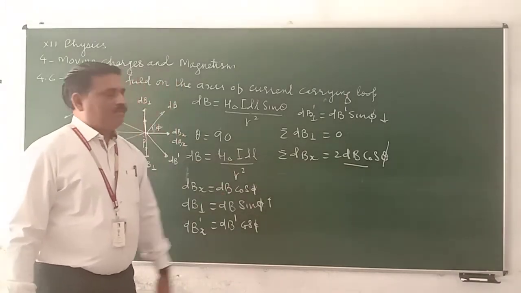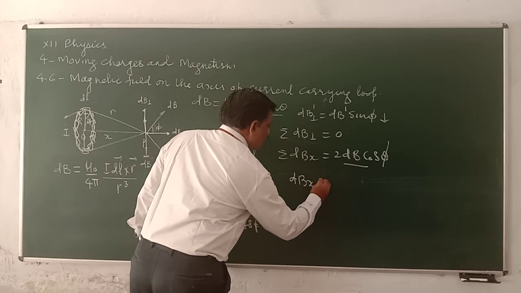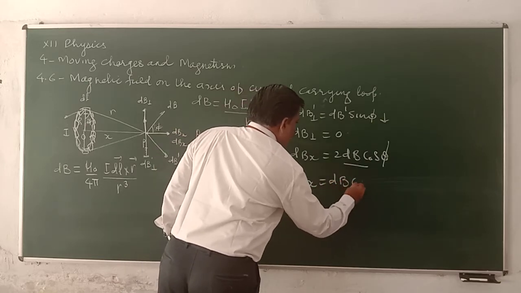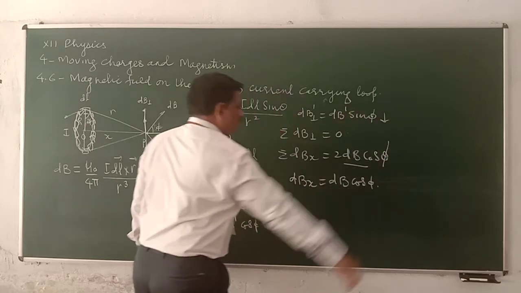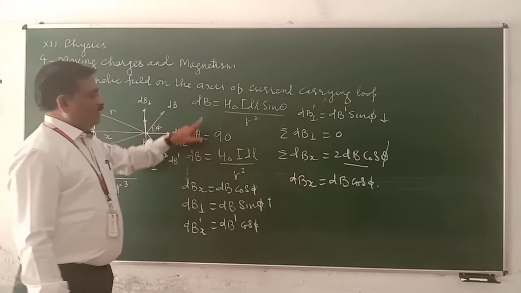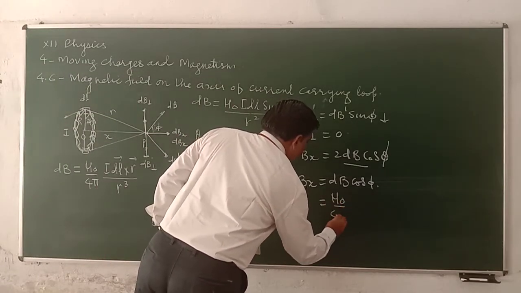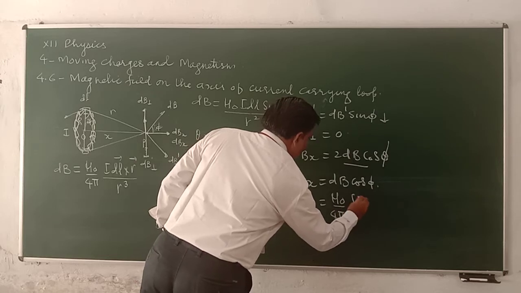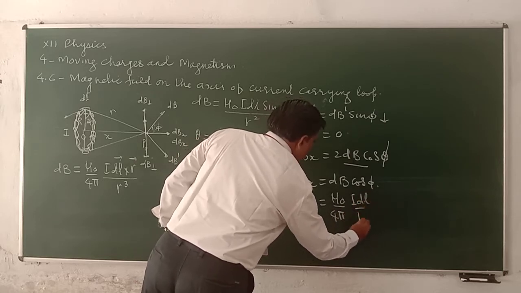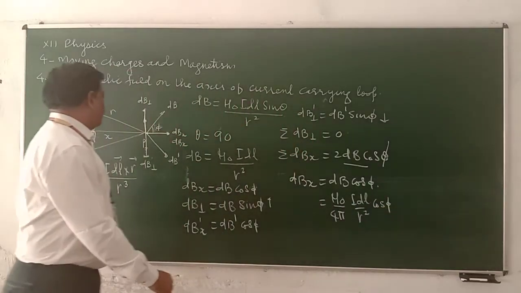So dBx because of one component is equal to dB cos phi. Now dB is equal to this, we know it is here, so we get mu 0 upon 4 pi I dl upon r square, into cos phi.